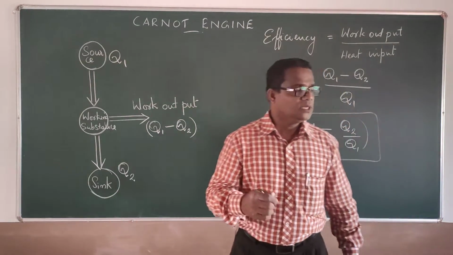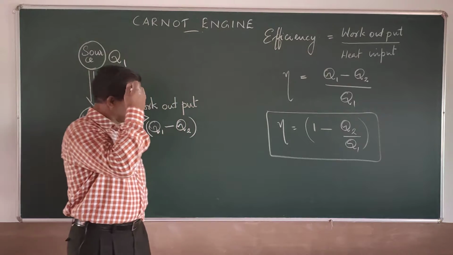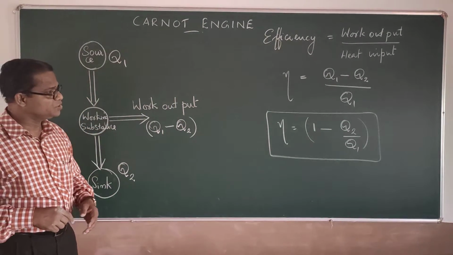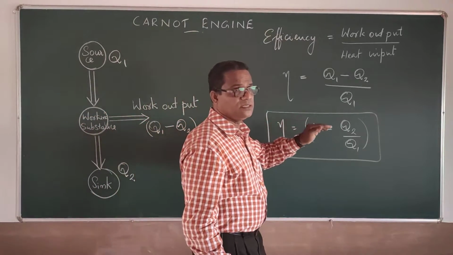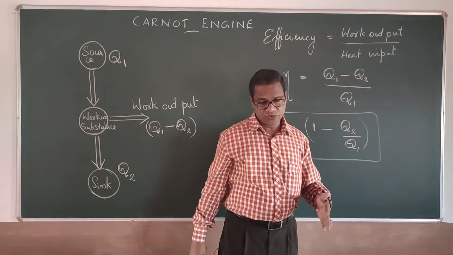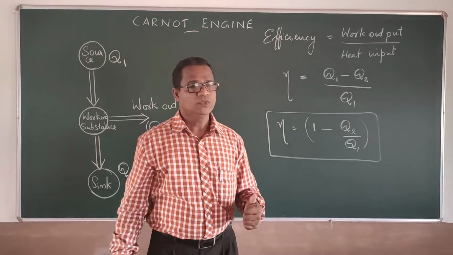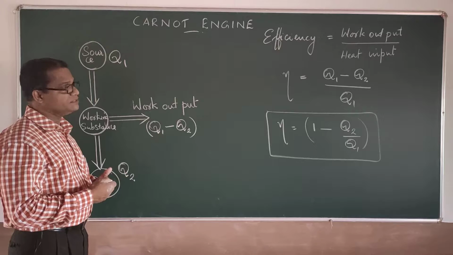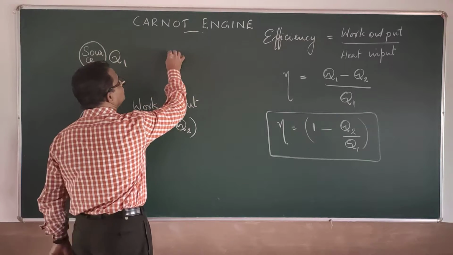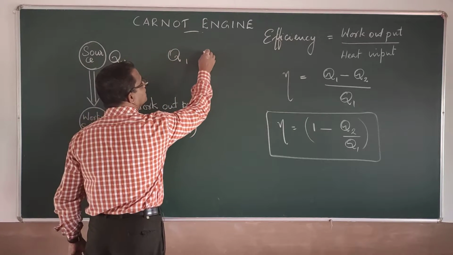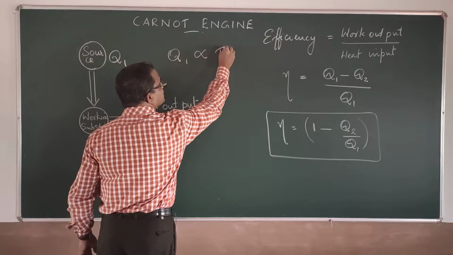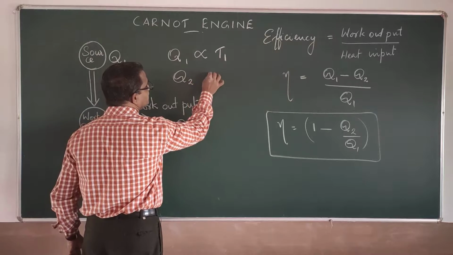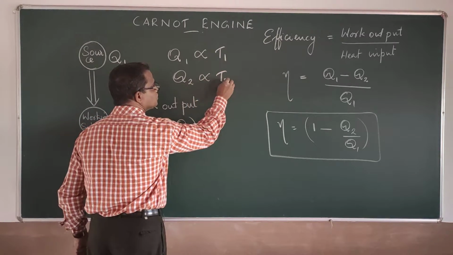Now the same equation you can have in terms of temperature, because heat energy is directly proportional to the temperature of the system. Q1 is proportional to T1, absolute temperature, and Q2 is directly proportional to T2.